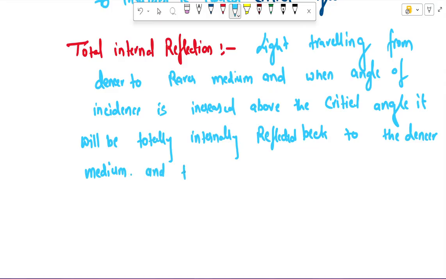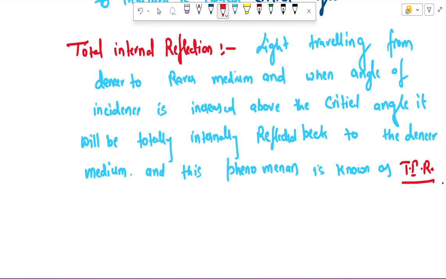This phenomenon is known as TIR, total internal reflection.